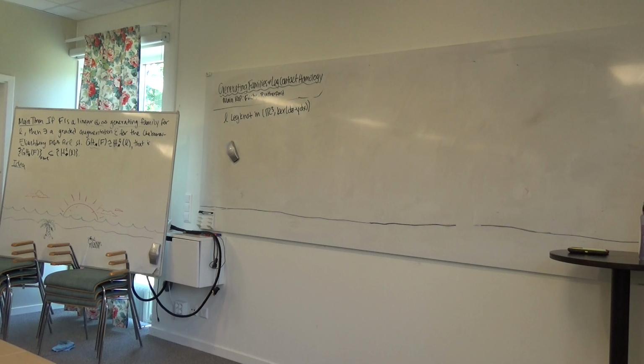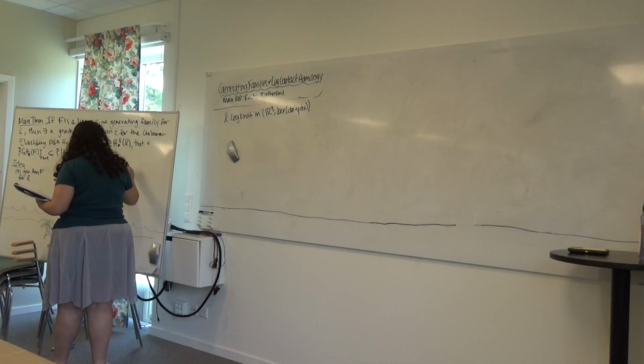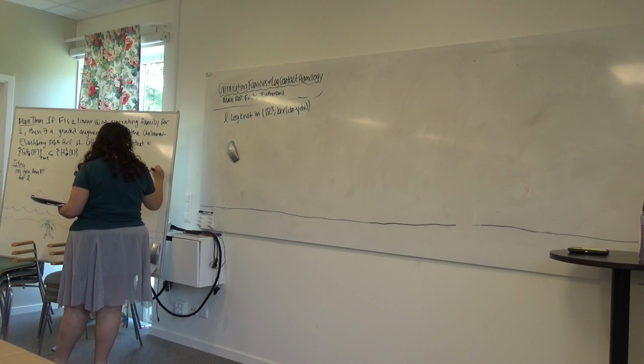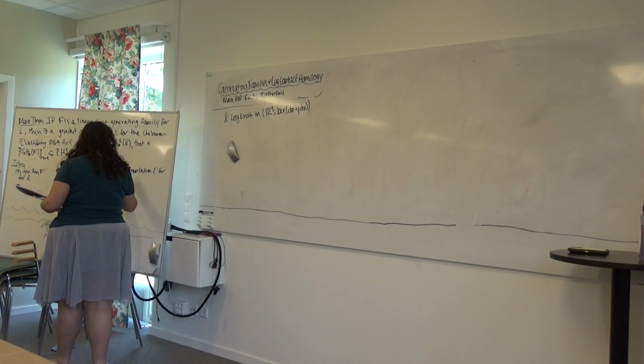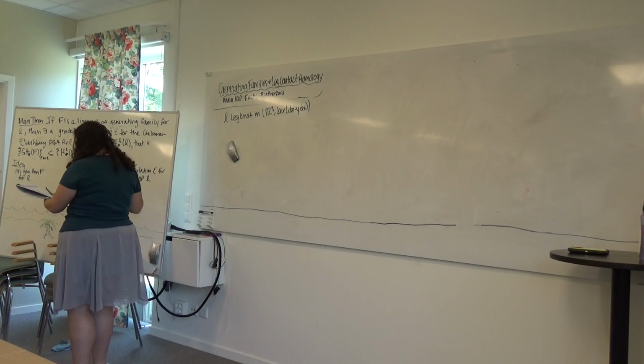So the idea is that we're talking about the existence of generating families F for an L, and we want to relate it to augmentations epsilon for the DGA of L. How do we do that?